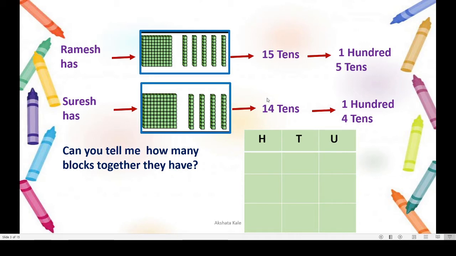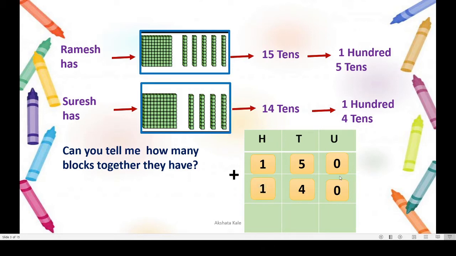No, right? So we will write 0 units. Now how many tens are there here? 5 tens, isn't it? So I will write 5. And how many hundreds? 1. You are right. And what about Suresh? No units, so we will write 0 here. Then tens, how many? 4. So we will write 4. Then how many hundreds? 1. So we will write 1.